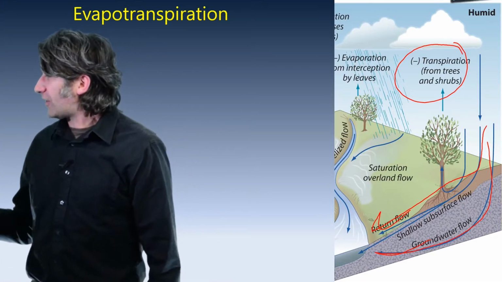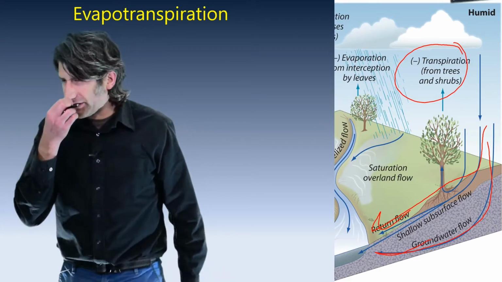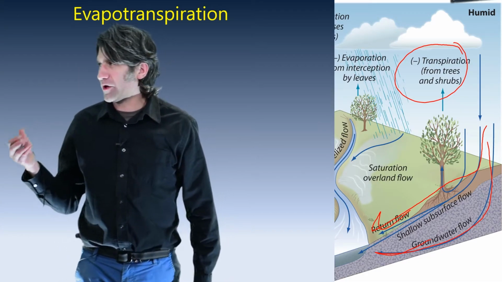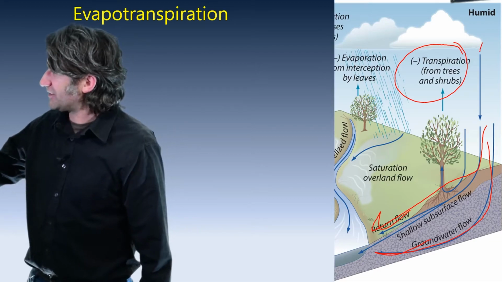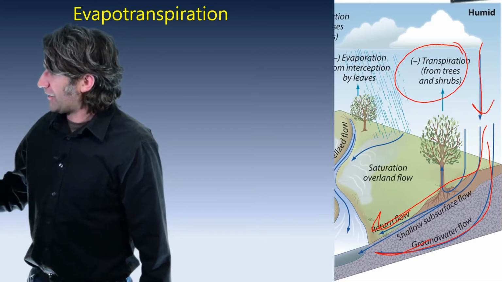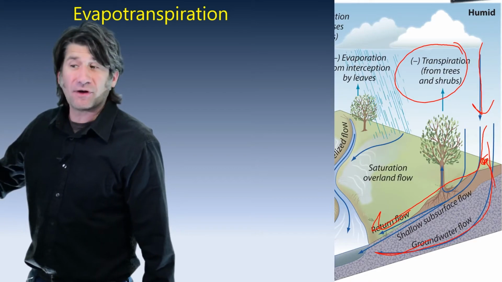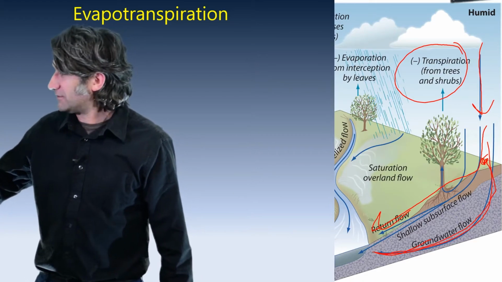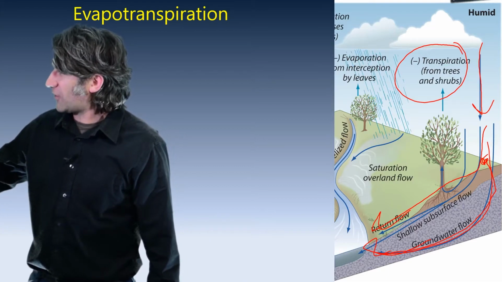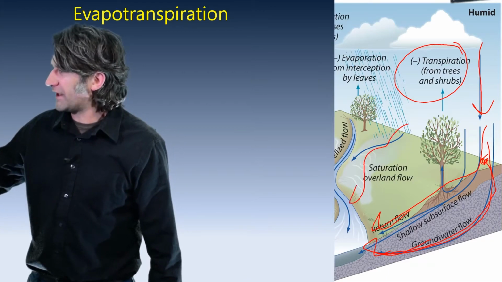Okay, so having a look here, when we think about water budgets and water balancing, we're going to have precipitation that's bringing water in. And then some of that precipitation gets to the ground and ends up in groundwater and flows down. We'll have some that flows over the surface that we call overland flow.